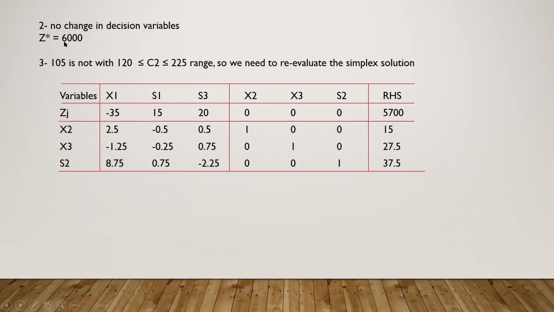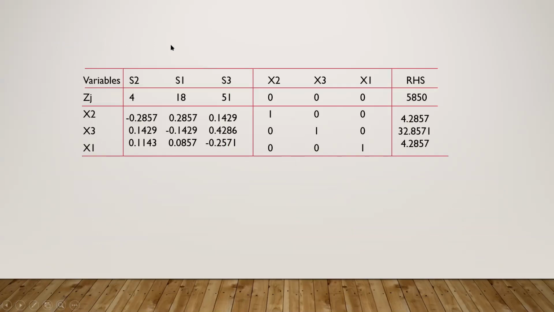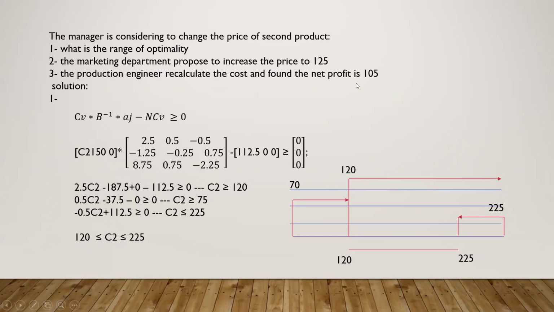There is nothing to rush to change all these matrices, only you need to change this guy. For the second question, it says if I have 105, what will happen? Okay. So the change isn't within the range of optimality here.